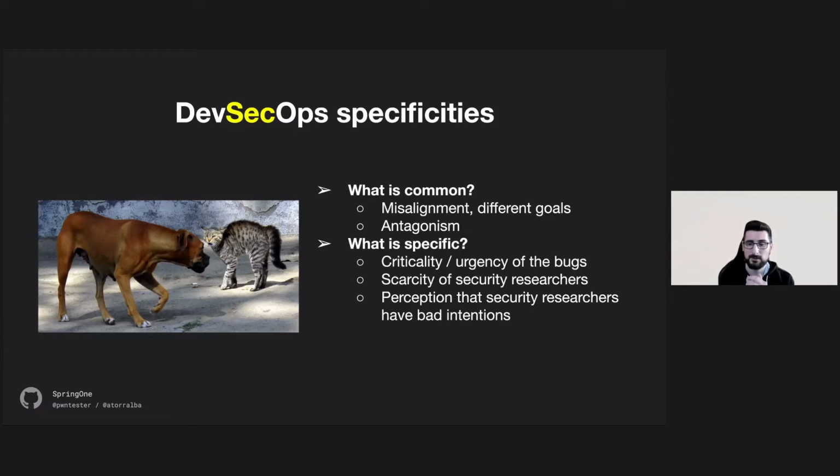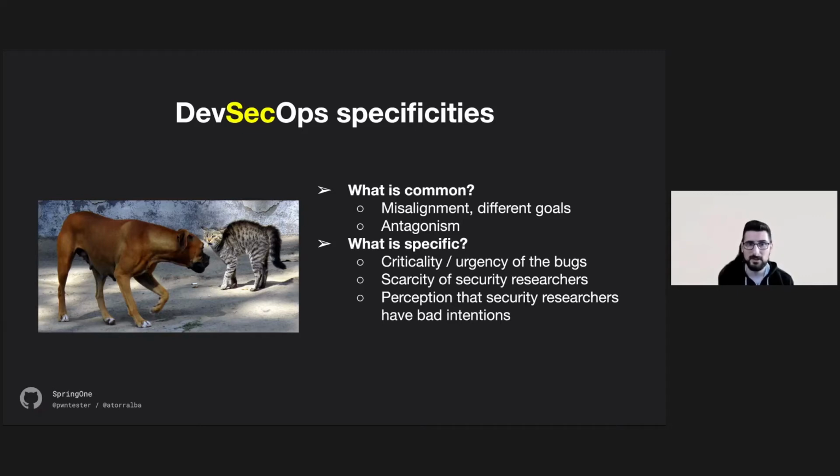Thank you. So what's specific for DevSecOps? There are some specific problems that it tries to solve. And the first is the criticality of the bugs. It's not the same a QA bug that makes your application run 1% slower, or that it misses a comma in a text, compared to a security issue in your application that allows an attacker to compromise your server and then install ransomware in your whole organization, right?